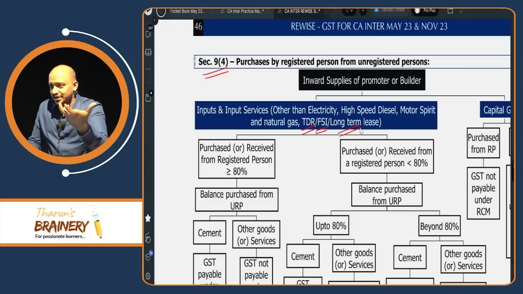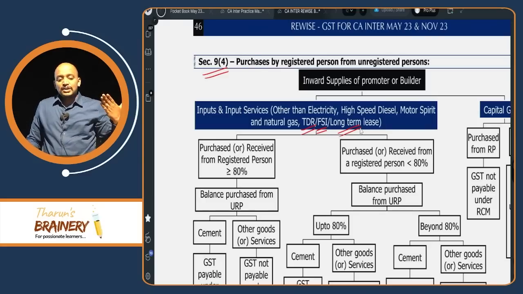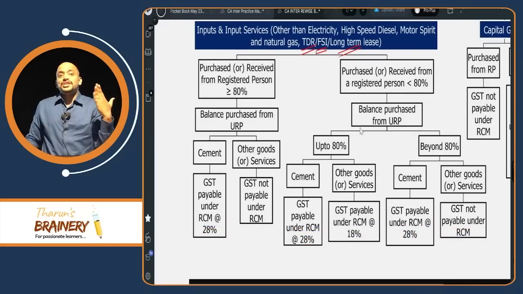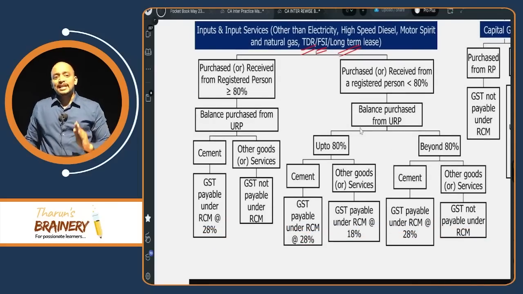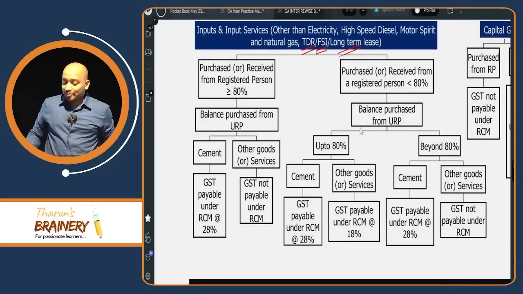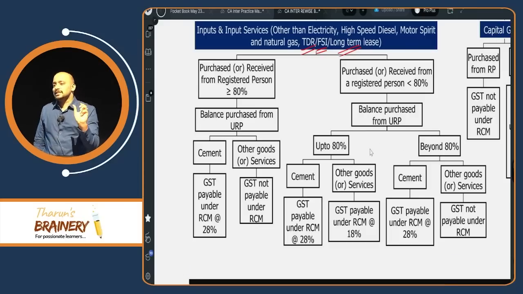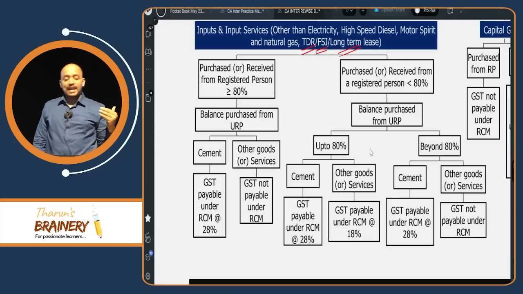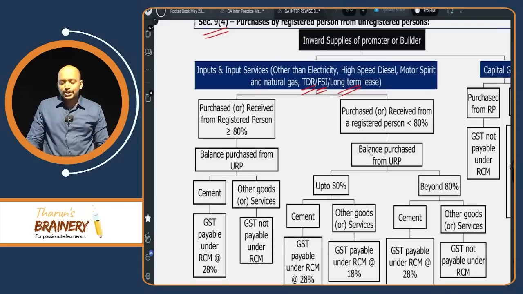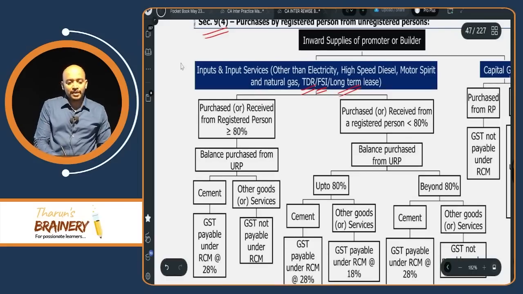So the remaining we need to see. Remaining, how much do you have to purchase from a registered person? 80%. If you buy less than 80% from a registered person, on that shortfall you need to pay GST under RCM. For example, total inputs and input services are 100 crores.